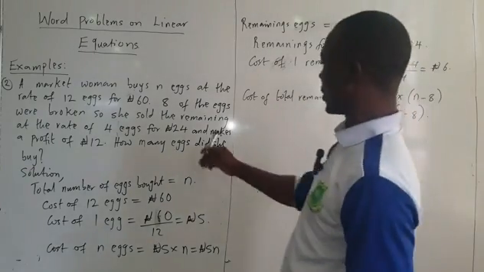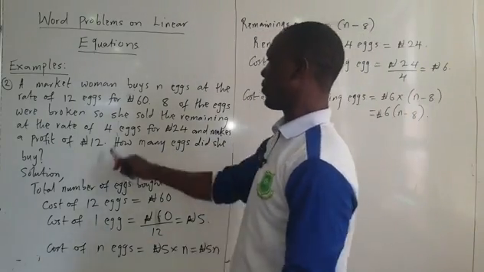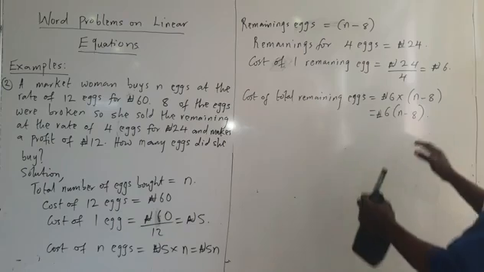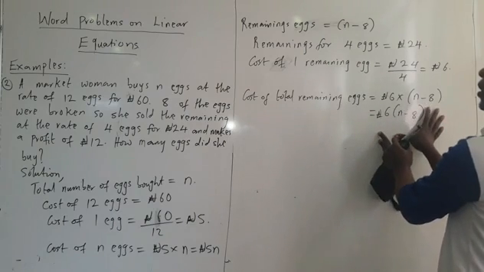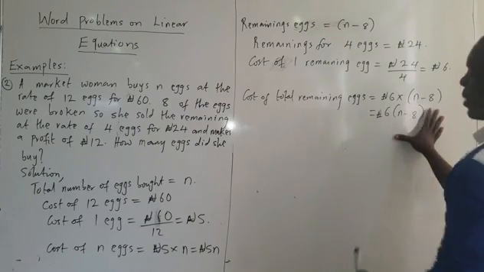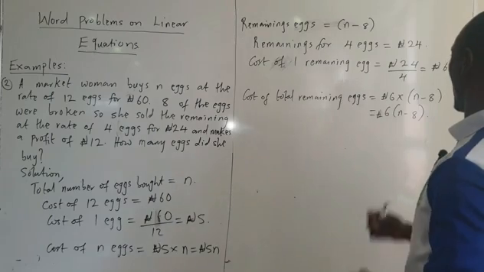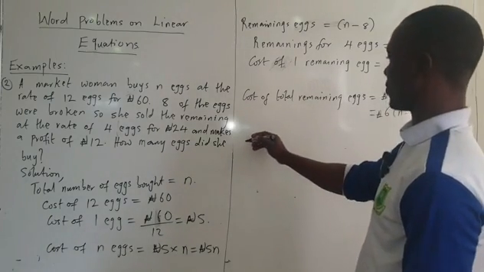The question now says she makes a profit of 12 naira. So for us to make a profit, it is the cost of the total remaining eggs minus the cost of n eggs.